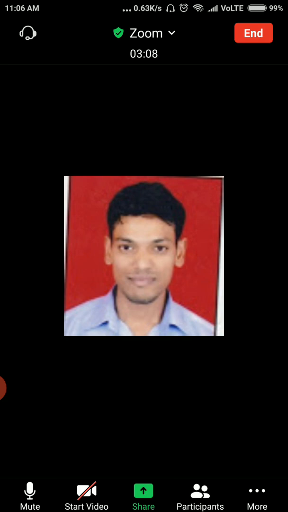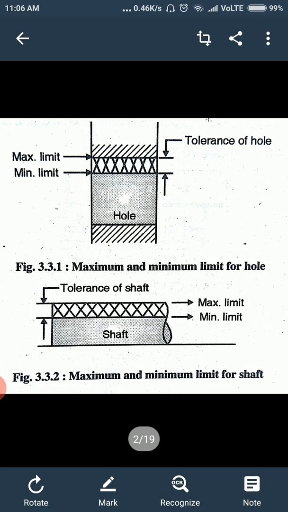So let's see limit. In this diagram there are two limits for the hole and two limits for the shaft: a maximum limit and a minimum limit for the hole, as well as a maximum limit and a minimum limit for the shaft. The maximum limit is the higher value out of the two limits, called the maximum permissible size of a job.